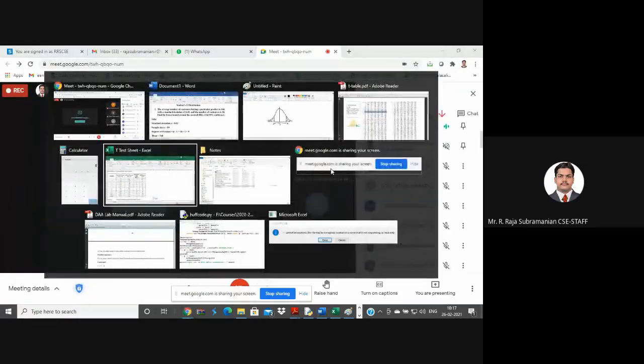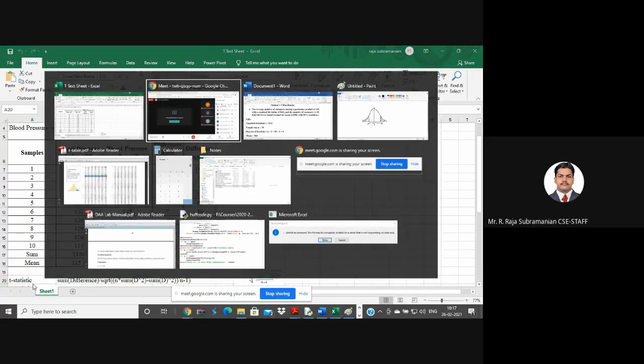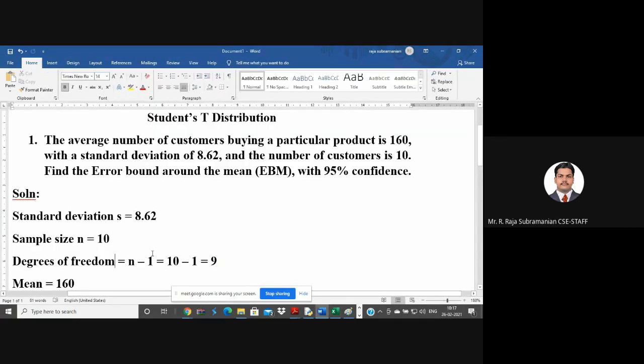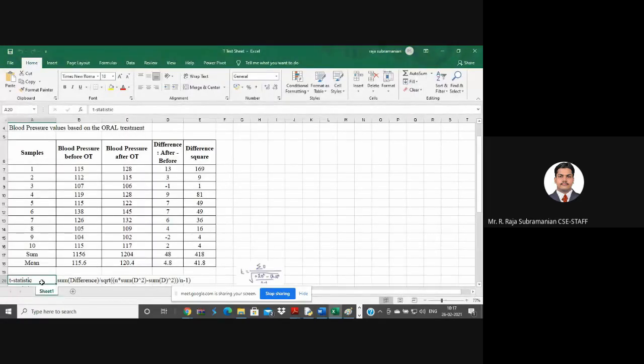Now, one more thing to ask you. If a distribution is given to you, it will give either 10 samples or 20 samples, or 7 samples. Now, what will be the method here to find the t value? This is actually the t statistic, and this is actually the t table value. You should not be confused between the t table value and the t statistic value.